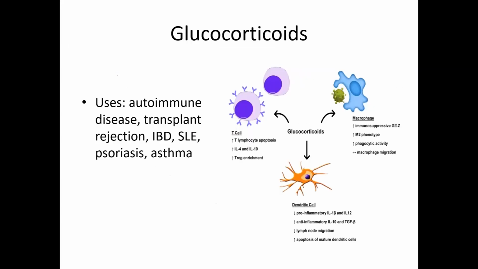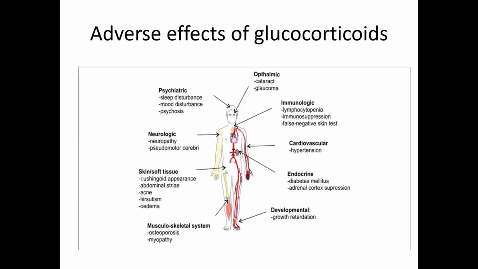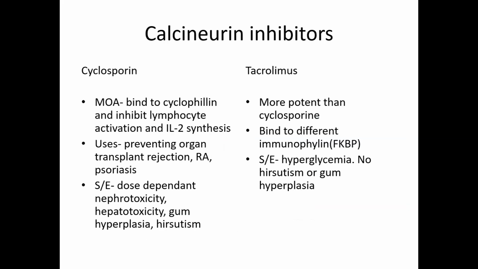So, first coming to glucocorticoids. They are used in various autoimmune diseases, transplant rejection, bowel disease, SLE, psoriasis, and so on. There are multiple adverse effects of using glucocorticoids, even in the critical care area, with high doses and for a long time. Among calcineurin inhibitors, there are cyclosporine and tacrolimus.